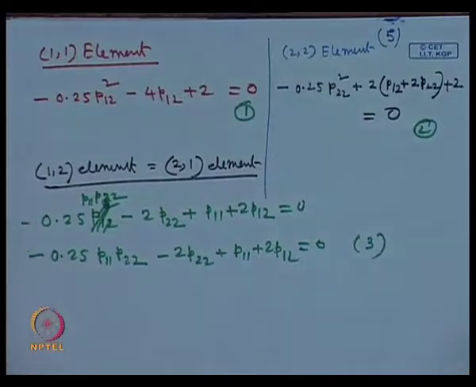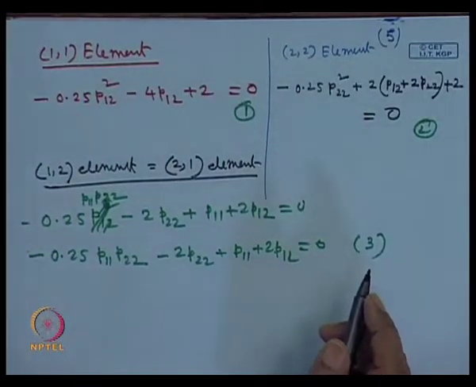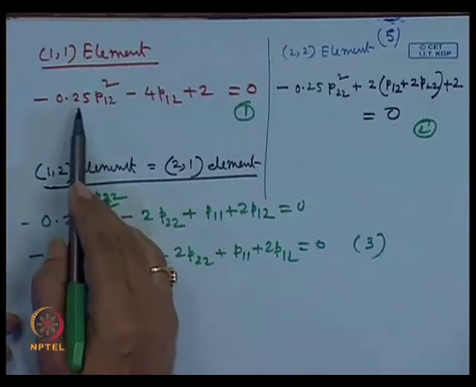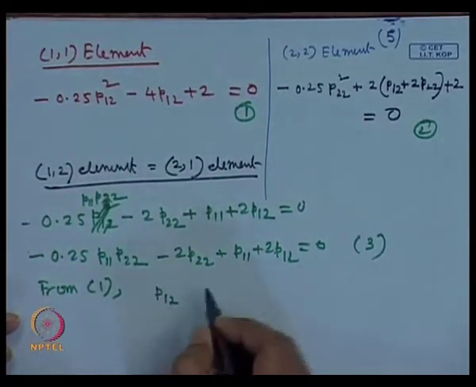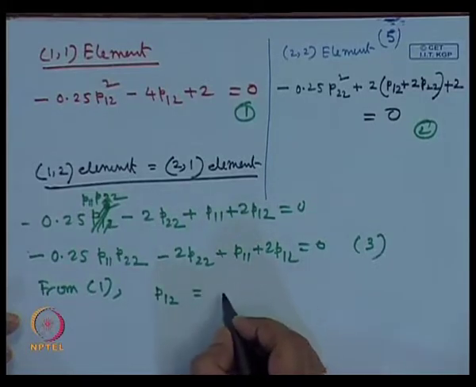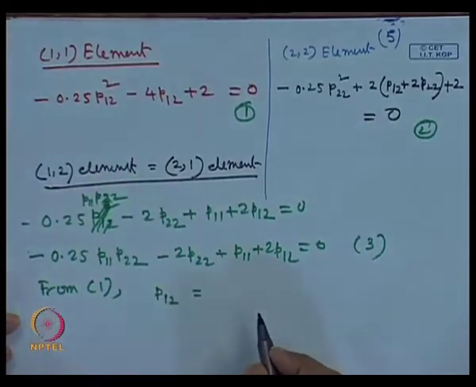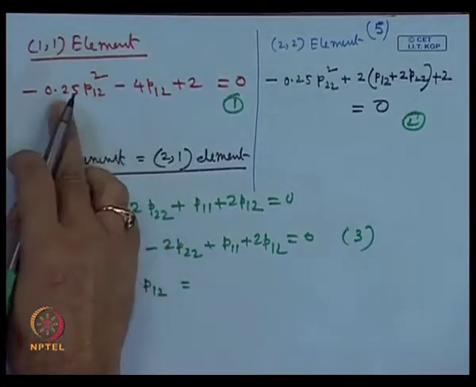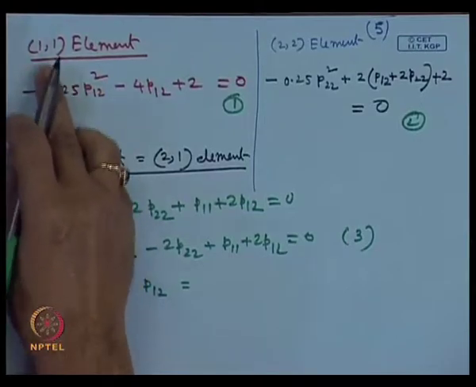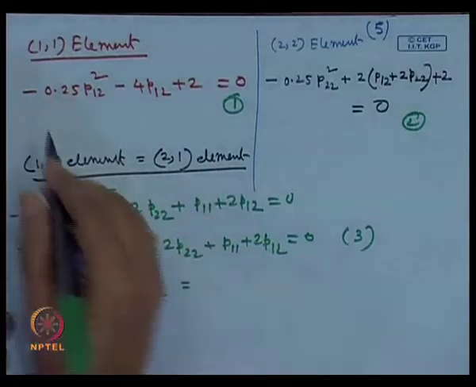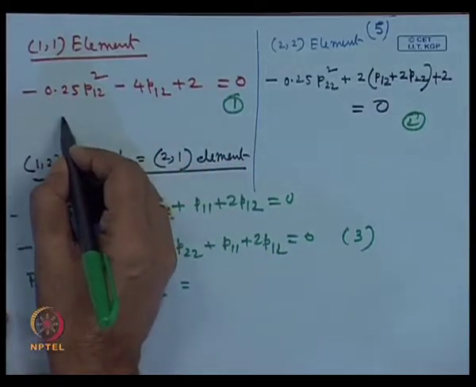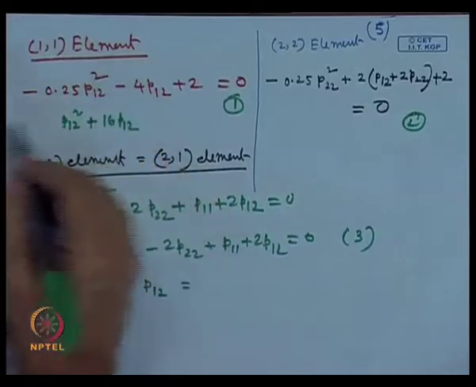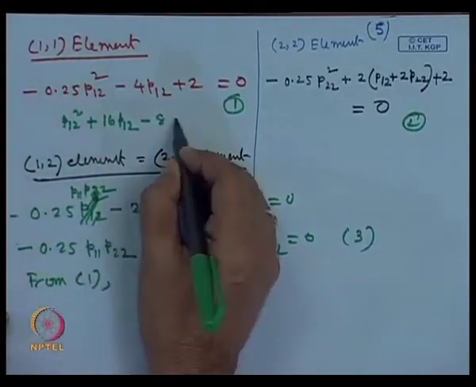So, let us solve these 3 equations. Let us solve from equation 1. From equation 1, this is a quadratic equation, we can write P2 is equal to minus b plus minus root over... If you multiply both sides by 4, then P2 square minus 16 P2 minus 8 is equal to 0.